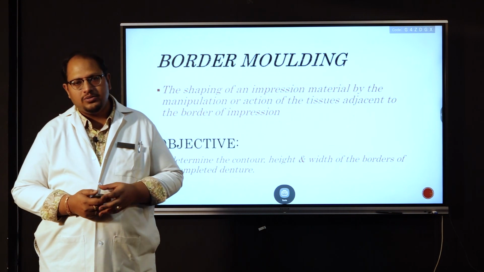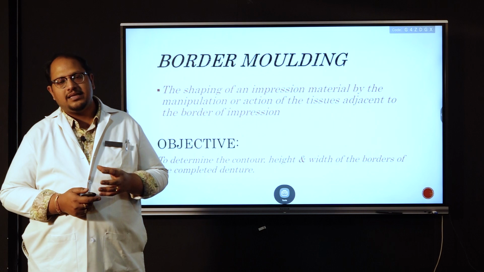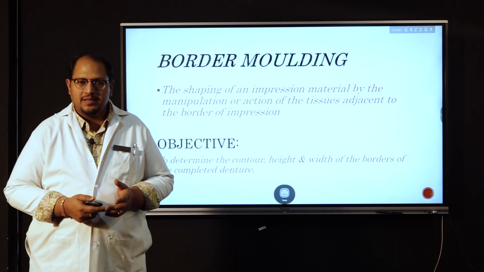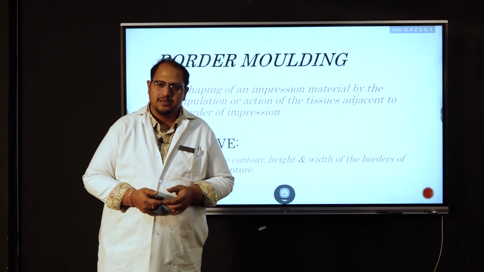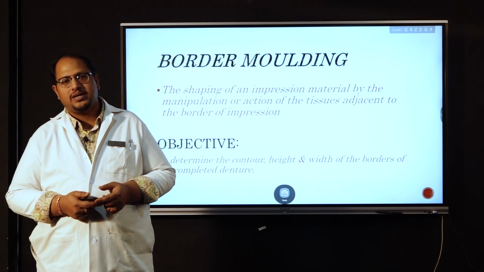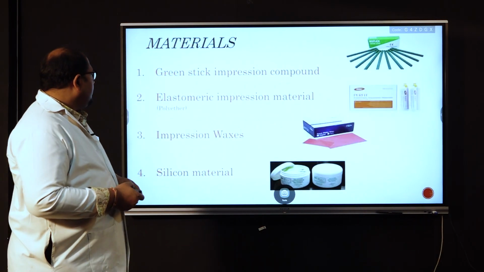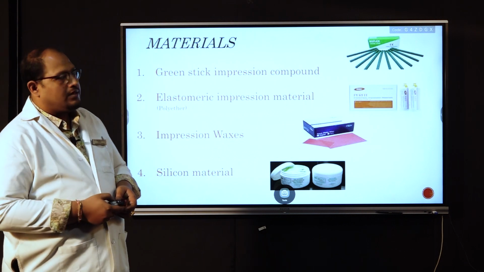So in order to do that, we need to find out what exactly are the movements of the patient, what manipulation the patient is going to do, what mastication movements the patient is supposed to do. All those movements are the ones we are supposed to record in the step of border molding.